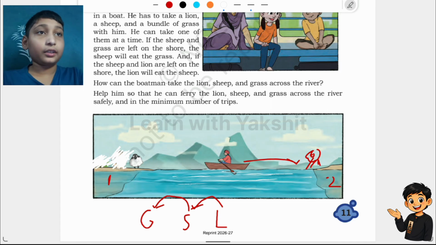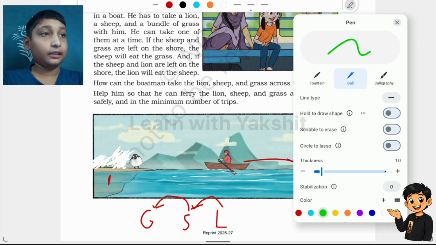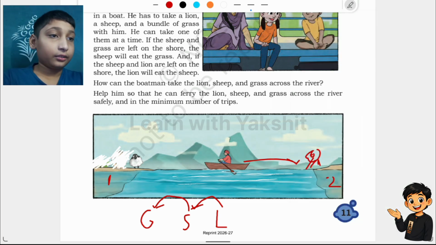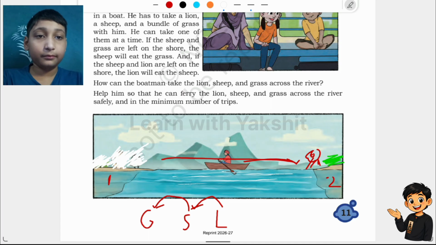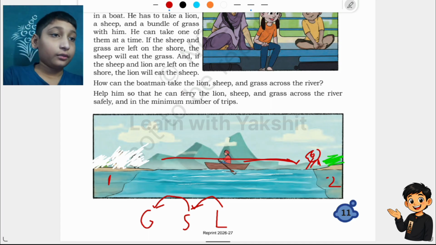There, transport it here. For this, I'm making it a green color because this is the only time we are able to see the grass. And then, finally, grass is there. And then it comes back, and then takes the sheep and puts it there.